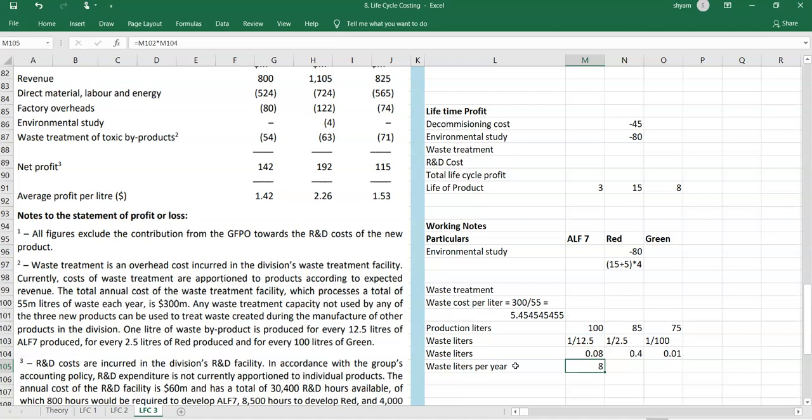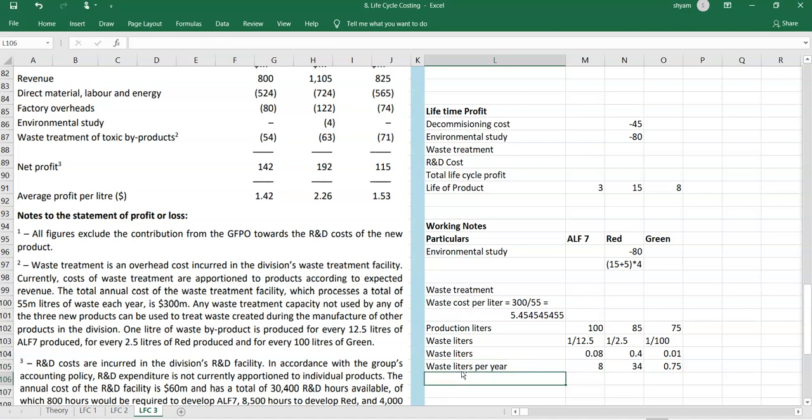So we'll multiply. So these are the total waste liters that will be produced per year, and the waste cost per liter is going to be this amount, because the company has a lot of other products also which produce the waste. It's not only this product.